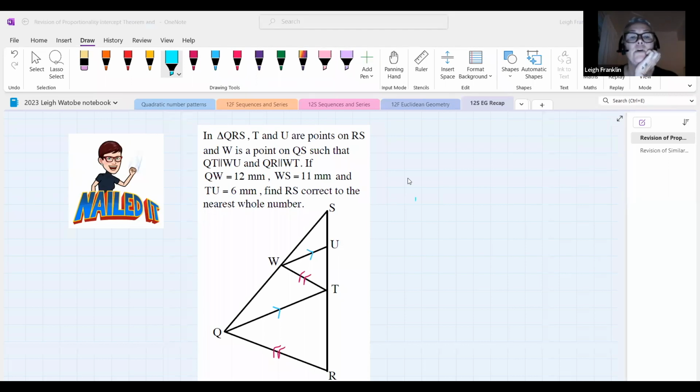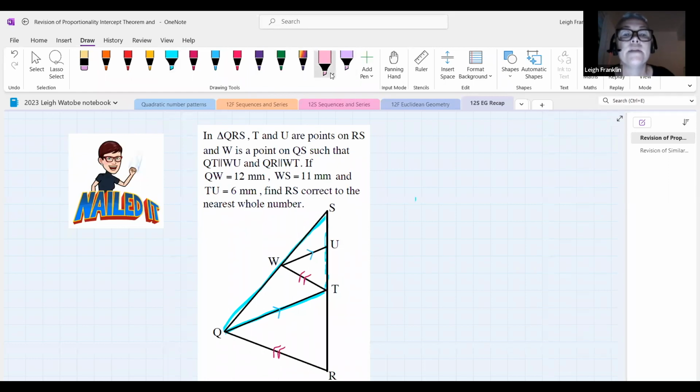Lorato is saying QST, that's correct, Lorato. This one over here, QST, is correct. And QRT, you cannot work in QRT because there is no line parallel to the third side. SQR, yes, that is correct, SQR.